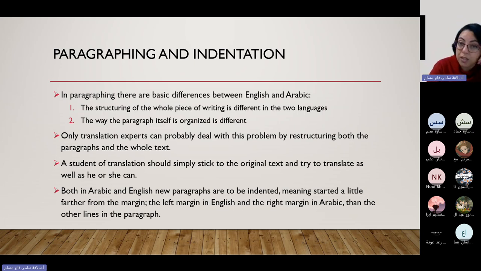Since you are students at a university, you have to work with one of them. Usually in our university, we work with the APA system. And the APA system says that whether the paragraph is in Arabic or in English, the first sentence should always be indented, inward. Okay?